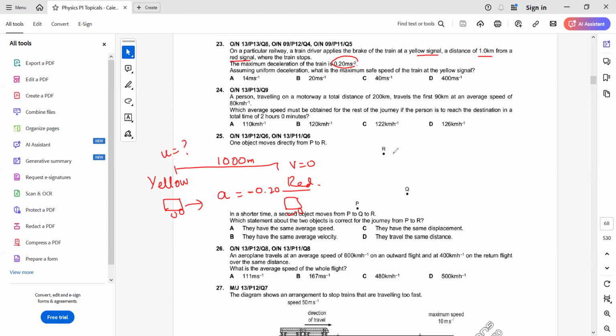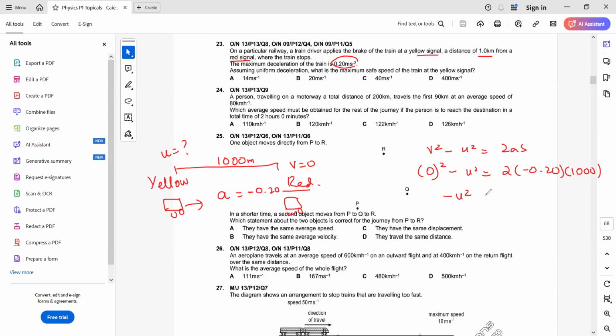So we have, I think, everything. Using the equation, we can work this out. So v squared minus u squared is 2as, right? So we can just plug in the values. Zero is, v is 0, u is unknown, 2a, that's minus 0.20, and s is 1000 meters.